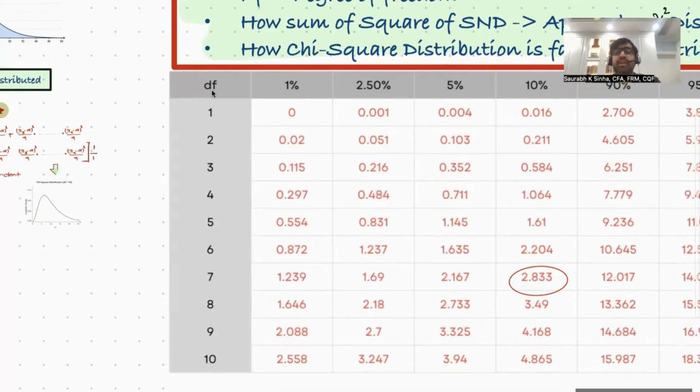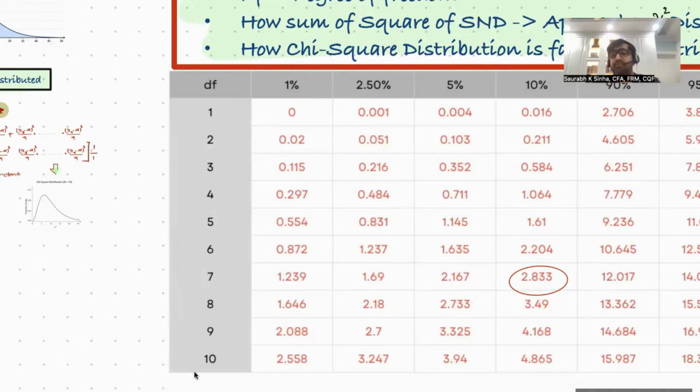And what is this degree of freedom? Degree of freedom is how many z you're adding up, how many standard normal variables you're adding up. Is it 1? Is it 2? Is it 3? Is it 4? Is it 5? We just looked into what will happen if I add the squares of 5 standard normal variables. And we also looked into what the shape would be if we add 10.